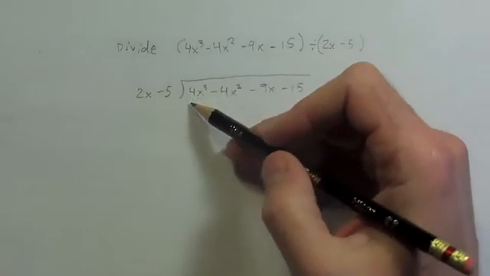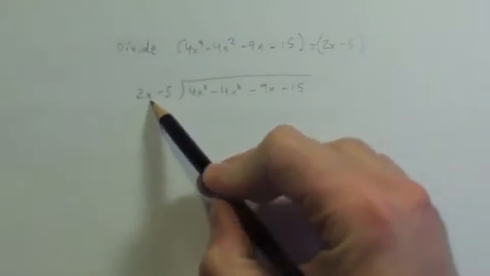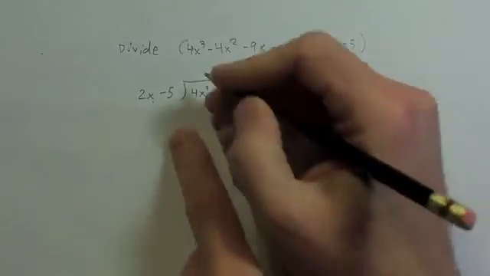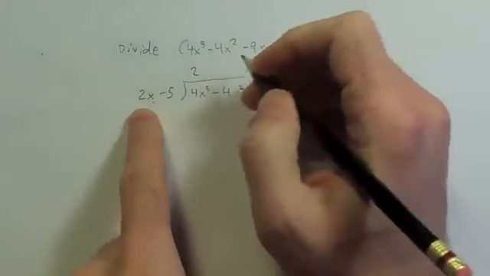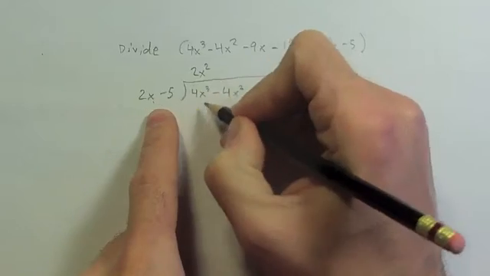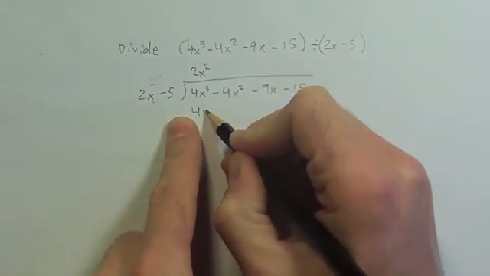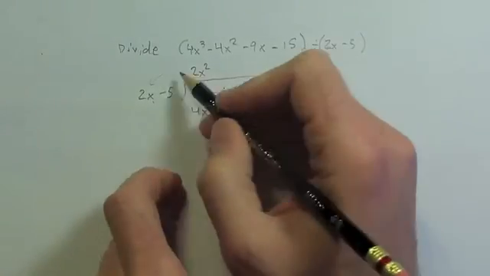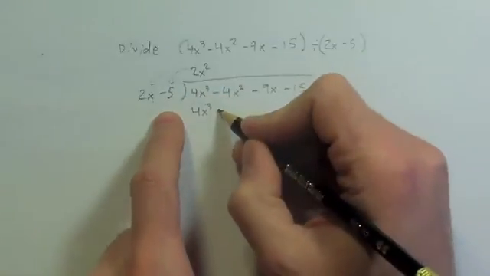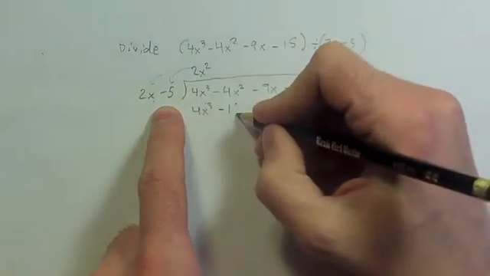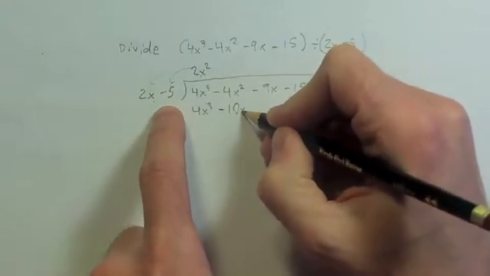So I want to find something that if I multiply 2x by it, I will get 4x cubed. So I'm thinking 2 to get me the 4, and an x squared to give me the x cubed, right? Because when we multiply, we get a 4x cubed. Then we multiply it by the minus 5 to get a minus 10x squared.